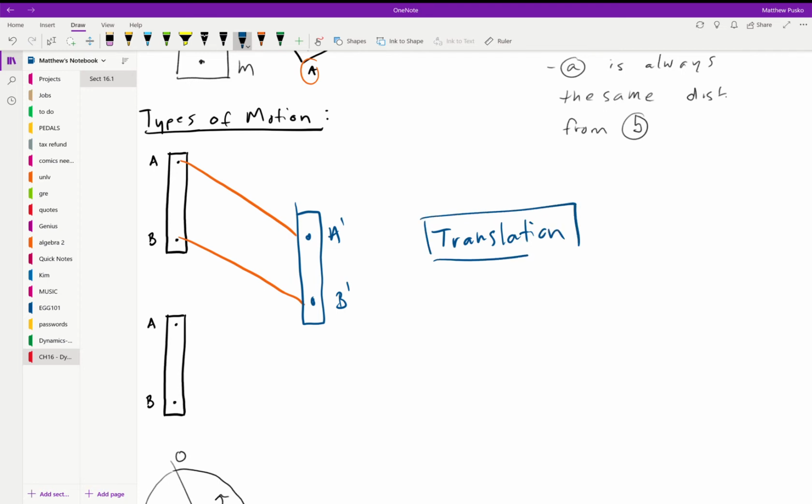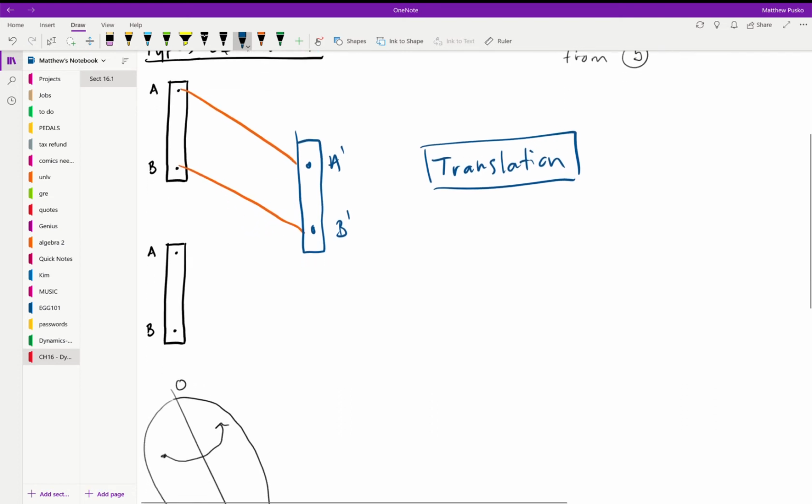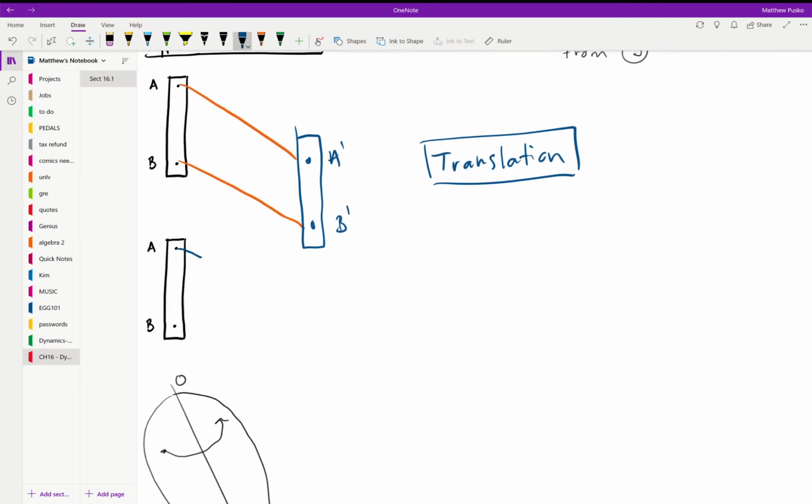Alright, so that's our first type of motion. Well, what if instead it took some path like this? But it still didn't rotate or anything, it's still sitting upright.